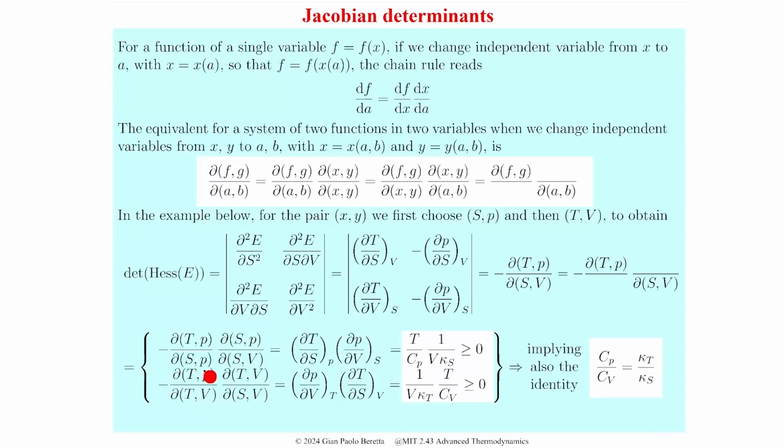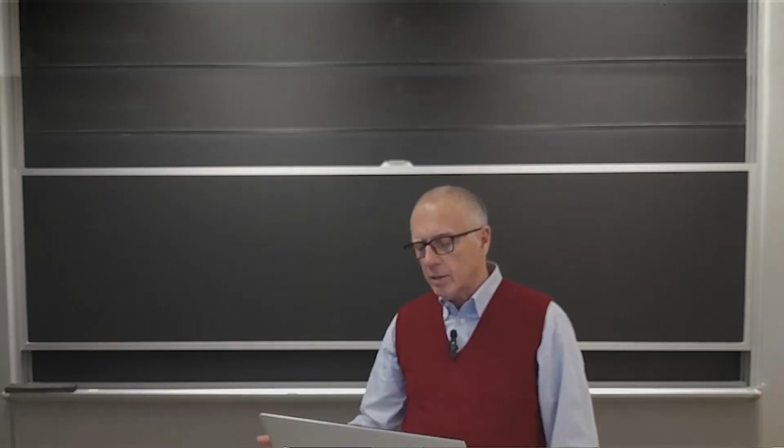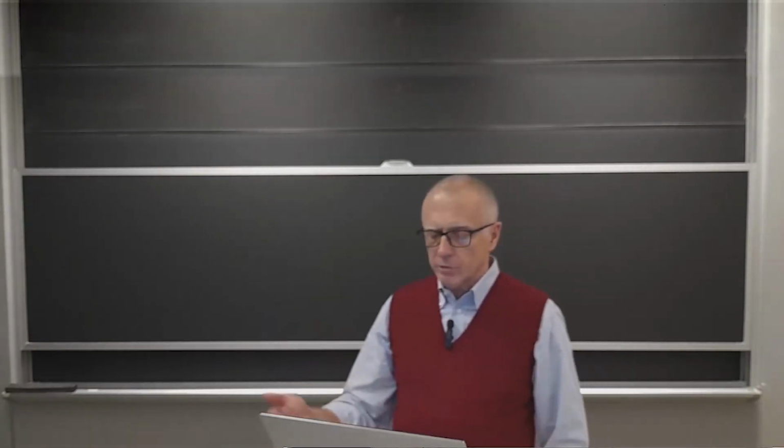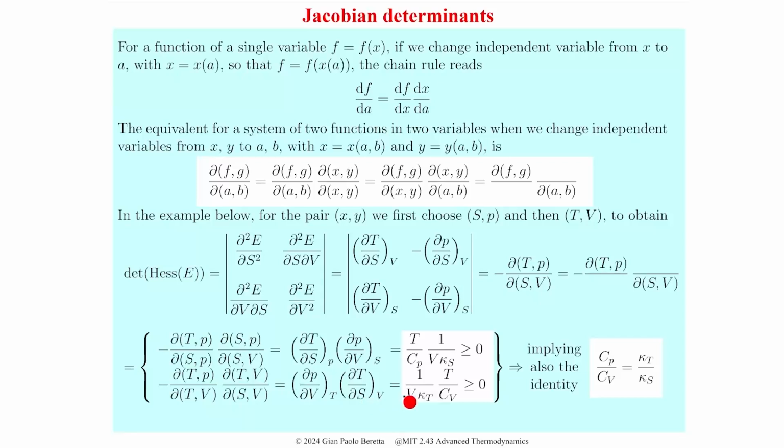Then this becomes the partial of P with respect to volume at constant temperature, and this becomes the partial of T with respect to S at constant V. And by the same definitions that we just reviewed, you can show that this is equal to T over the heat capacity at constant volume, and this other is 1 over the volume times the isothermal compressibility.